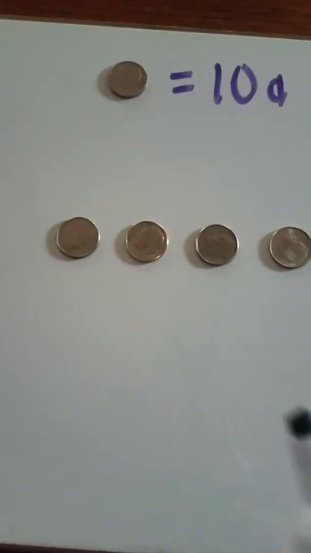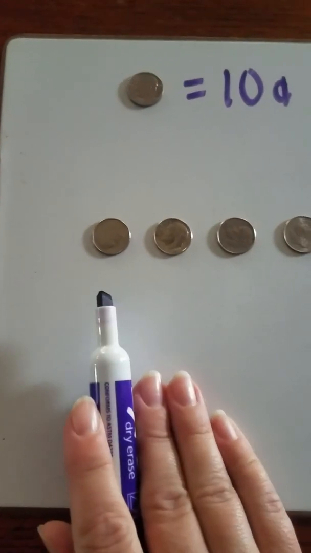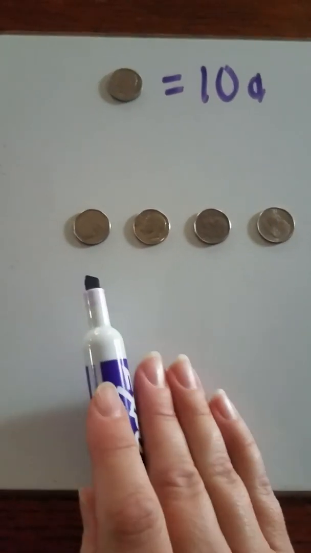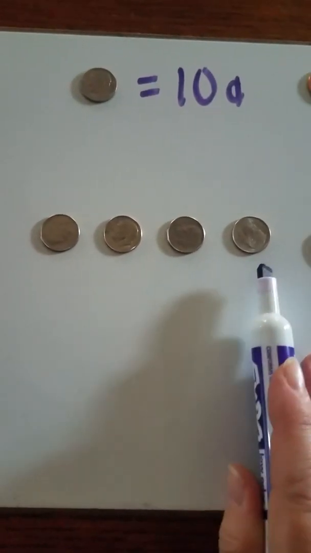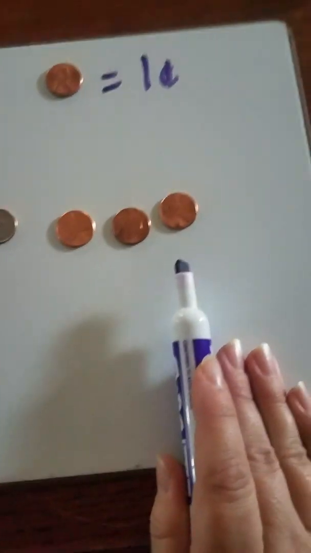So I want to know how much money I have here. Okay, what is the value of these coins that I have on my board? Well, I'm going to start with the dimes, and they have a value of 10. So I'm going to count by tens for the dimes, and then I'm going to pause, and I'm going to count on by 1 for the pennies because the penny value is 1. So let's see how much I have here.